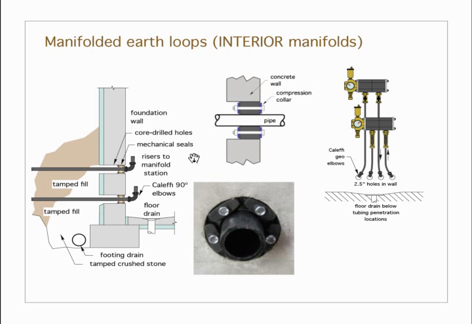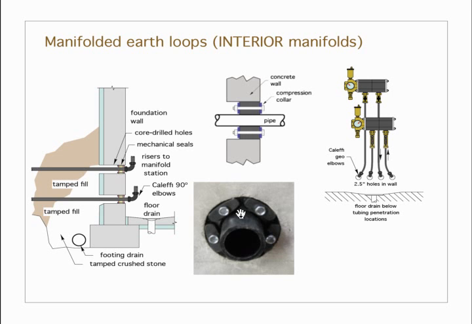The answer is to use one of these link seal type products. This is a compression fitting. There are several on the market now, but the basic idea is that you slide this link seal product around the pipe. It goes between the pipe and hole, and as you tighten these bolts, it compresses a flexible rubber seal that goes out against the concrete and the pipe. And these are rated for about 20 psi.